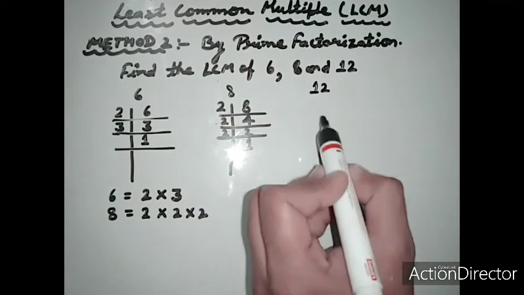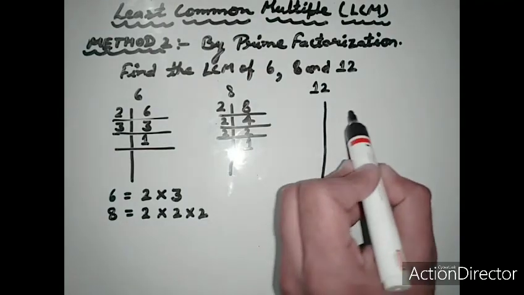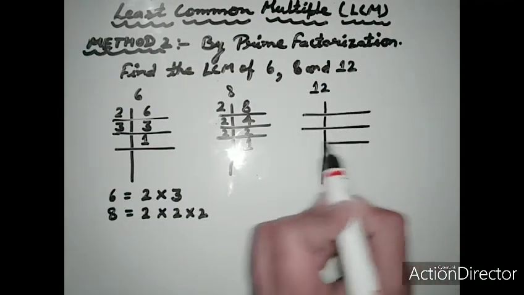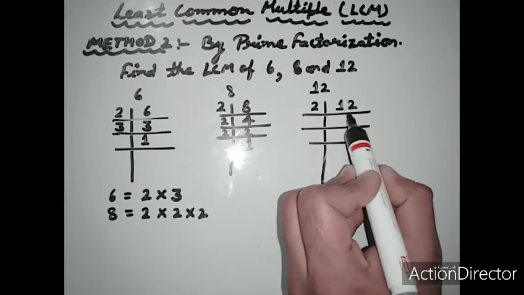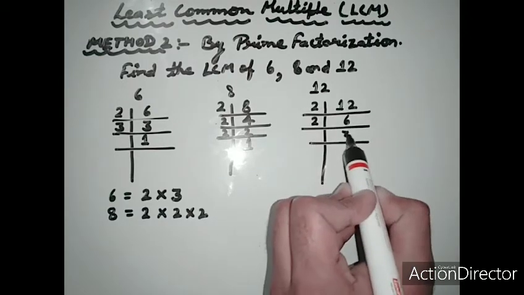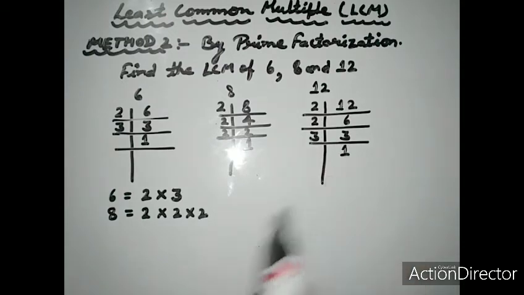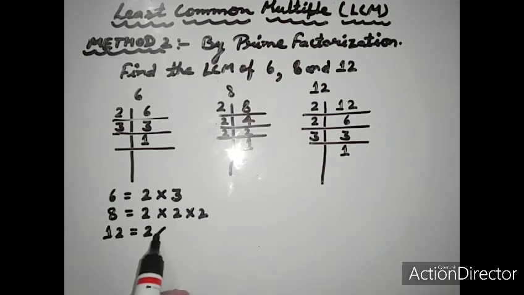Now here we write 12. So we divide this 12 by 2. 2 6s are 12, 2 3s are 6, and 3 1s are 3. So now we write 12 equal to 2 multiplied with 2 multiplied with 3.